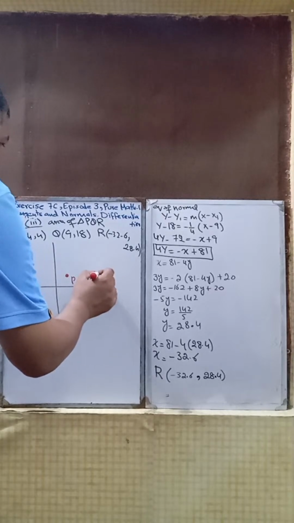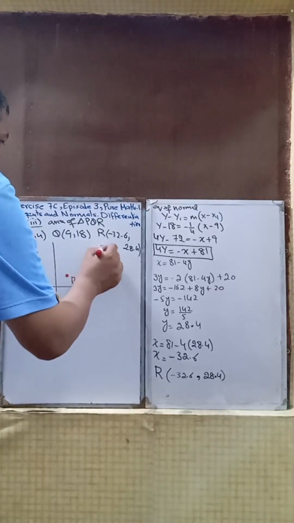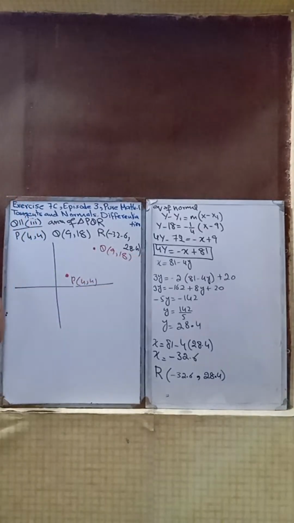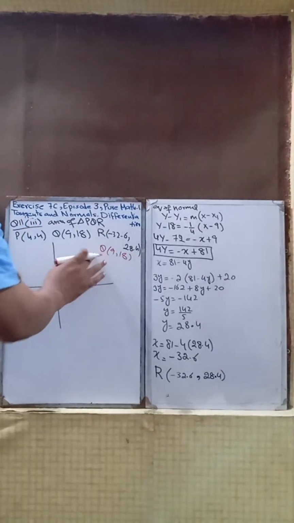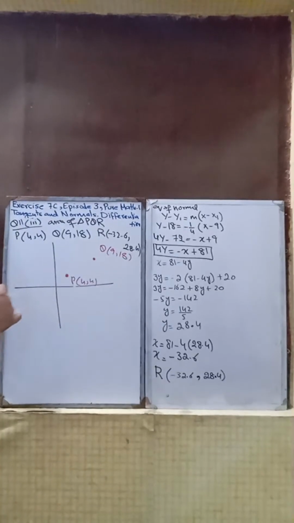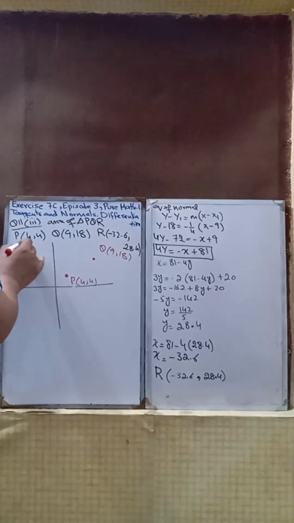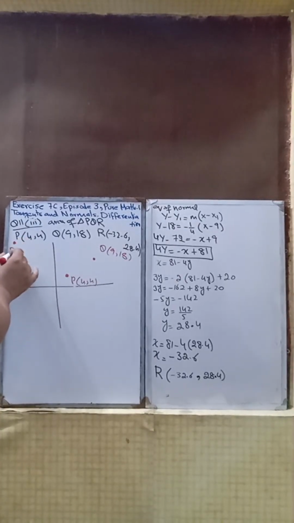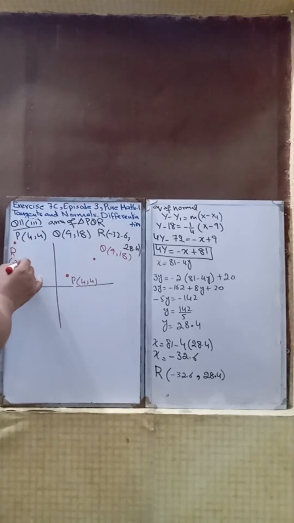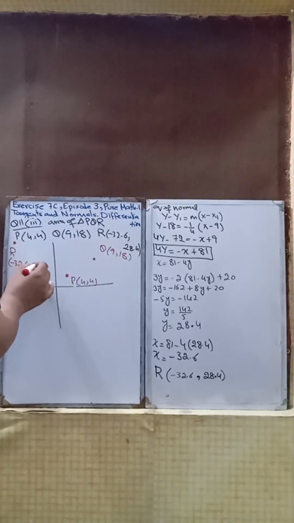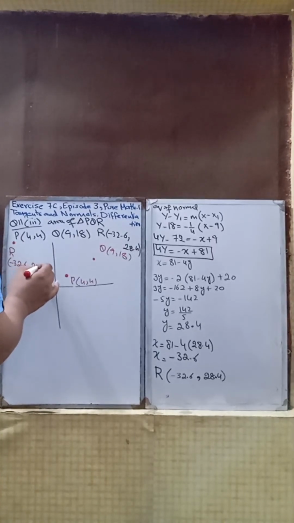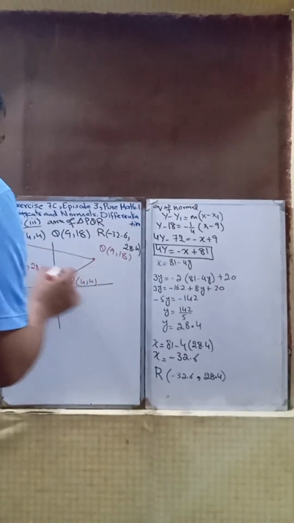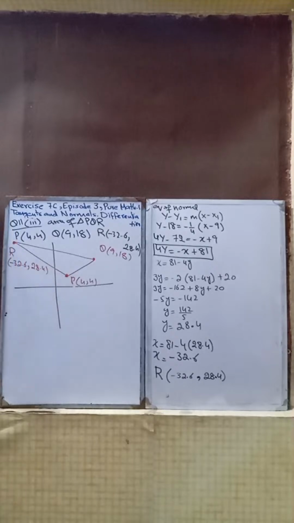The point Q is here somewhere, which is (9, 18). And the point, let me bring it a little down. Okay. And the point R is here somewhere. The point R, which is (-32.6, 28.4).